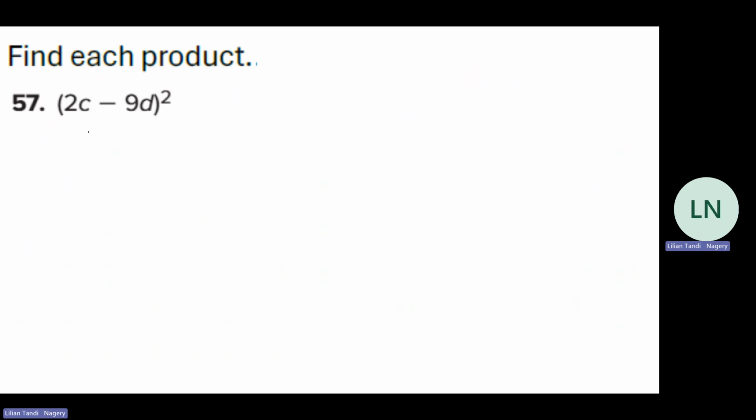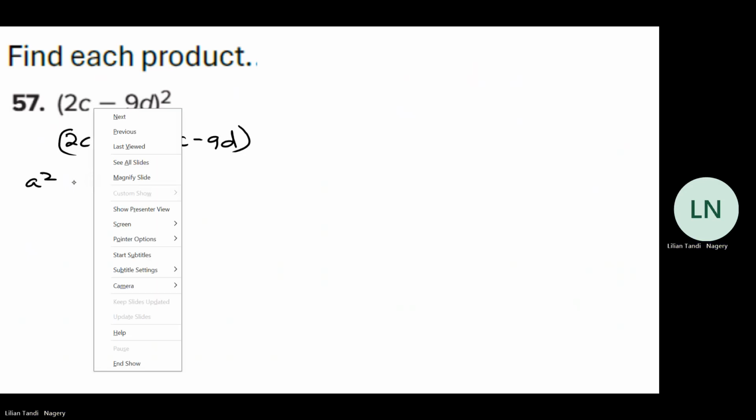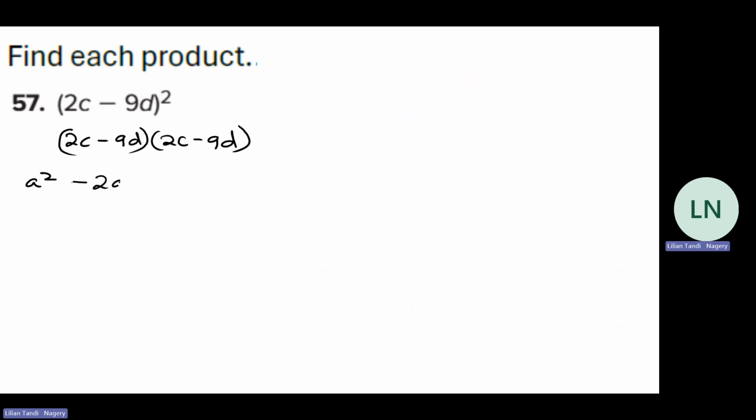So this is 2c minus 9d multiply 2c minus 9d. That becomes, I'm going to use Kanun, a squared minus 2ab plus b squared.